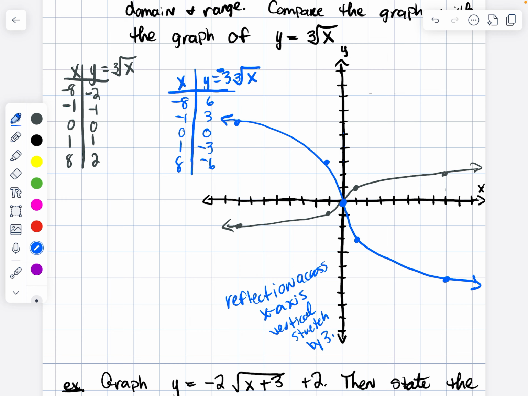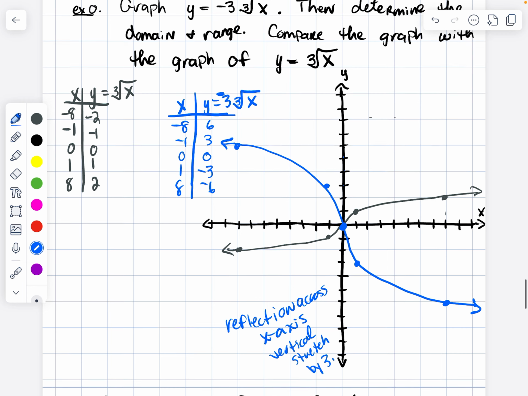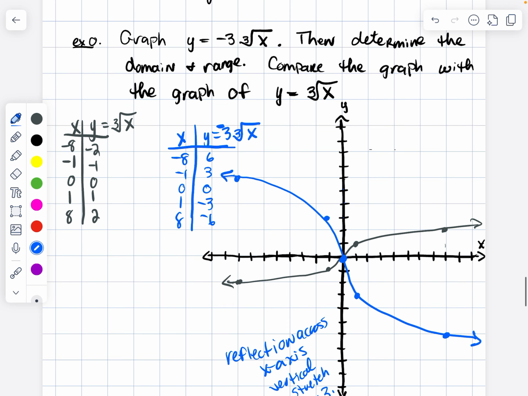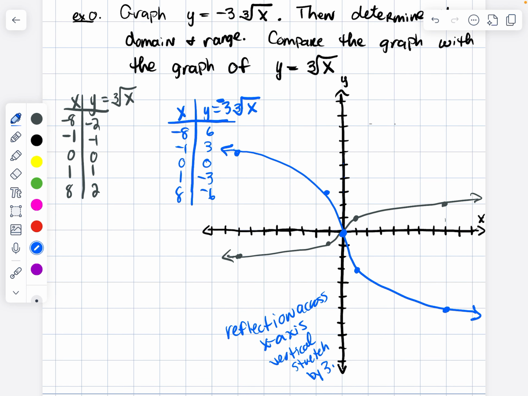But we can talk about the domain and range. That does ask for us to state the domain and range, and I'm sorry I didn't do that. So when we look here, we know that the domain, right, it's an arrow, comes all the way, all the way down here, it's an arrow.